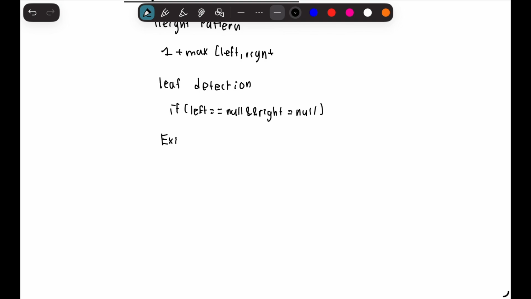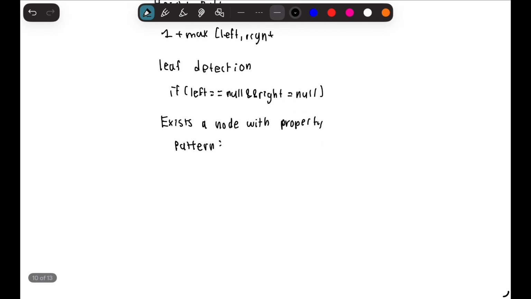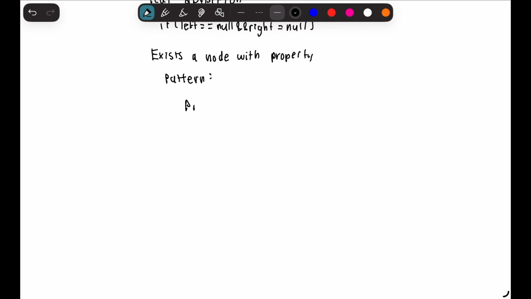Also, you might have to code exists a node with property. This pattern is going to be when you have a certain property at your root, or you have a property in your left, or you have a property in the right.